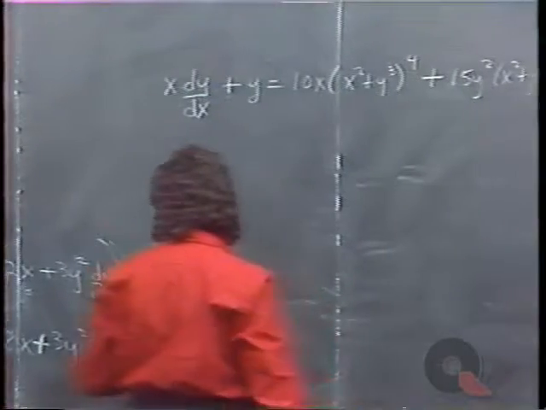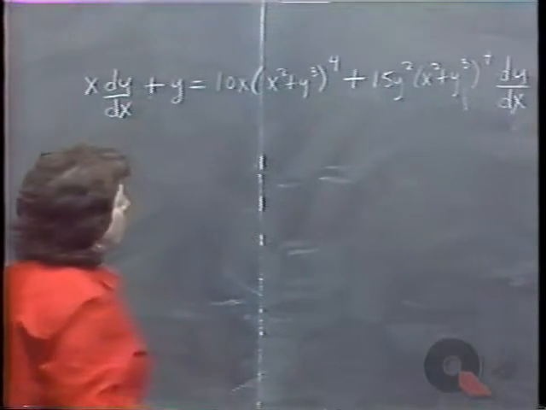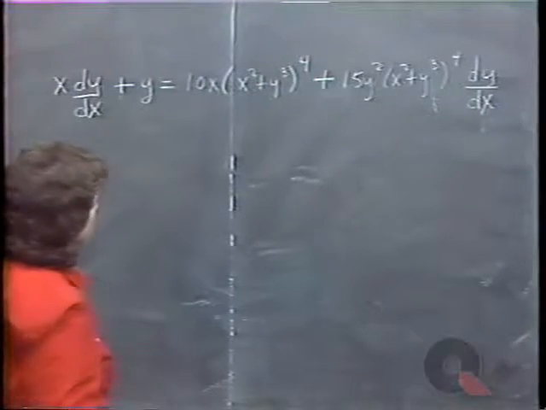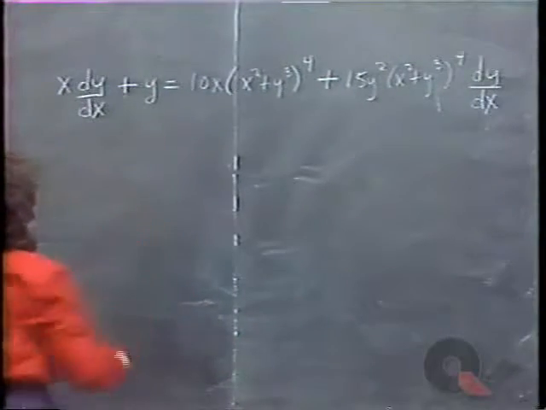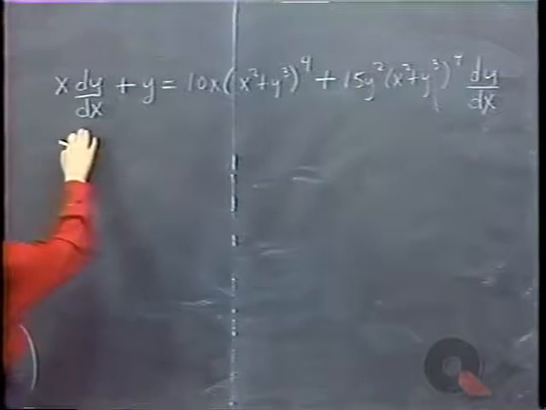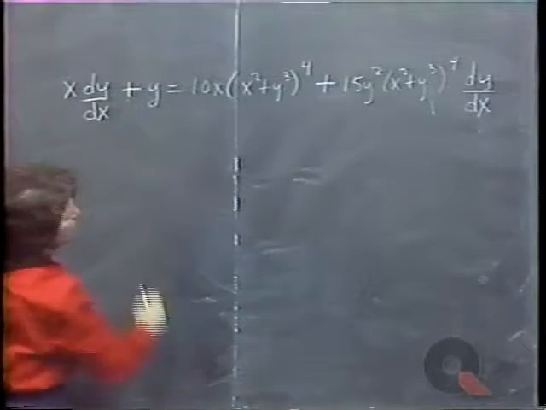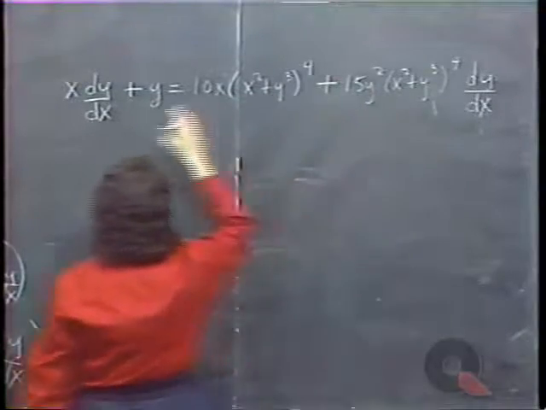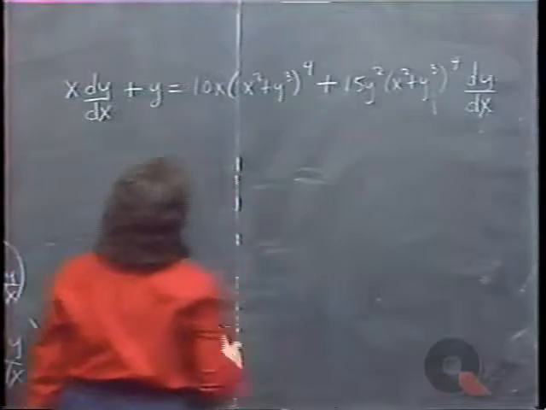Now we want to solve for dy/dx. We want to get everything with dy/dx on one side of the equation, everything without it on the other side. Okay, let's make the left side our dy/dx side. We have x dy/dx here. Let us subtract this term over here, bring that to the left side and bring the y to the right side.